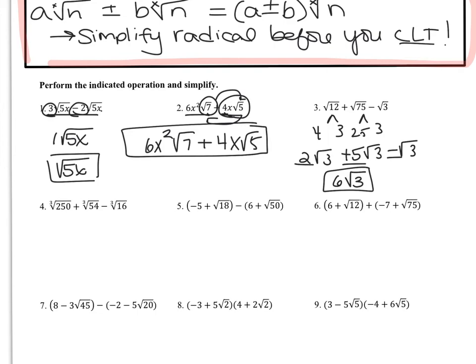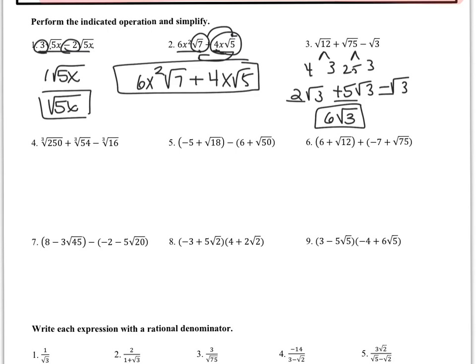So you're going to go ahead and try number 4 on your own. But I'm going to move to number 5 real quick so we can talk about it. Number 5, I'm subtracting these two, so I'm going to distribute that negative first. Now I'm going to simplify. 18 is 9 and 2, so that's 3 rad 2.